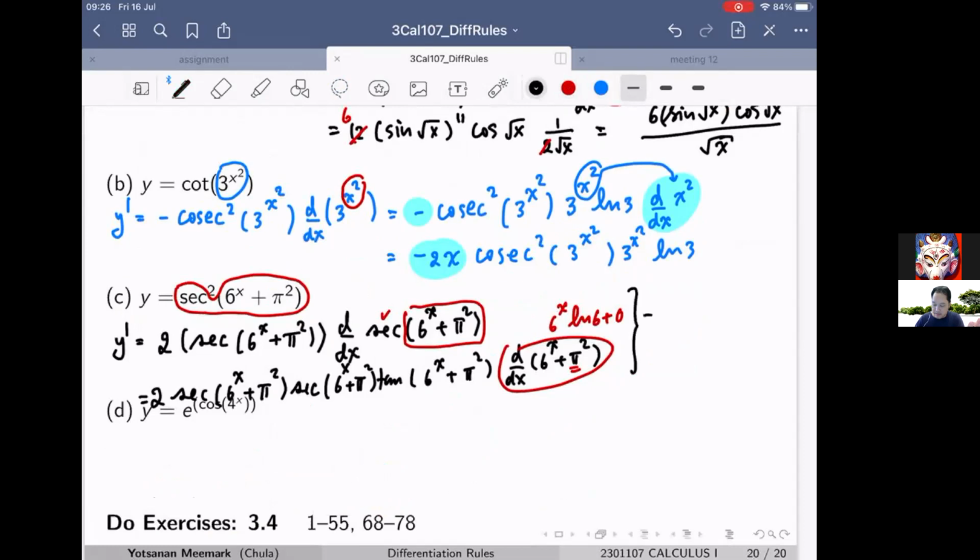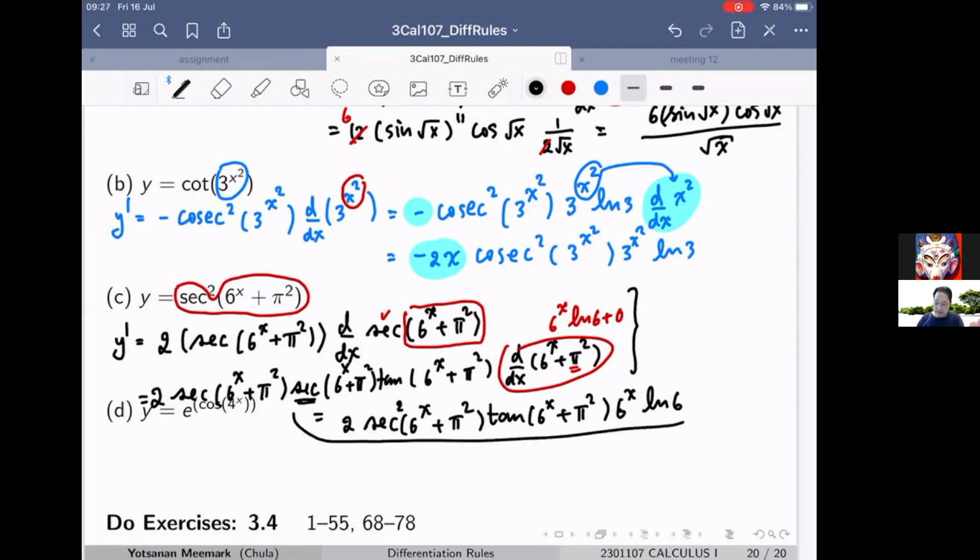Let me do it this way, that you have 2 secant of 6^x plus pi squared. But you got this one, so it means you got secant squared, pi squared, tangent of 6^x plus pi squared, and this one 6^x log of 6. So this is this problem.